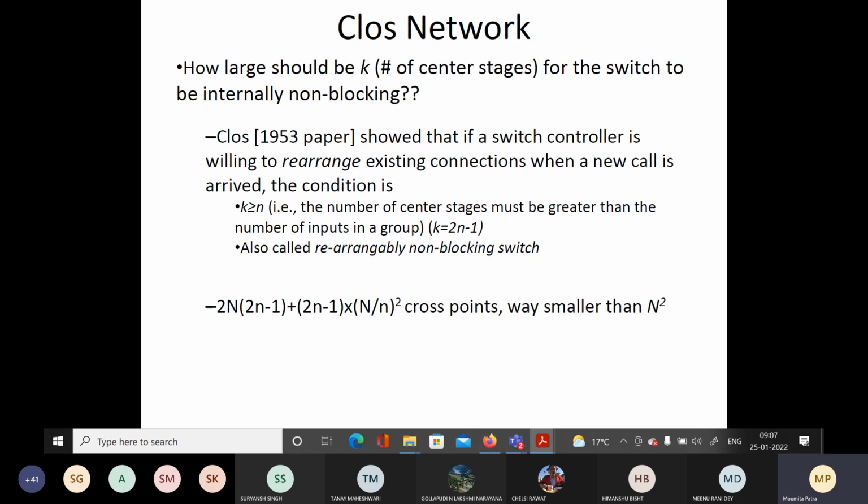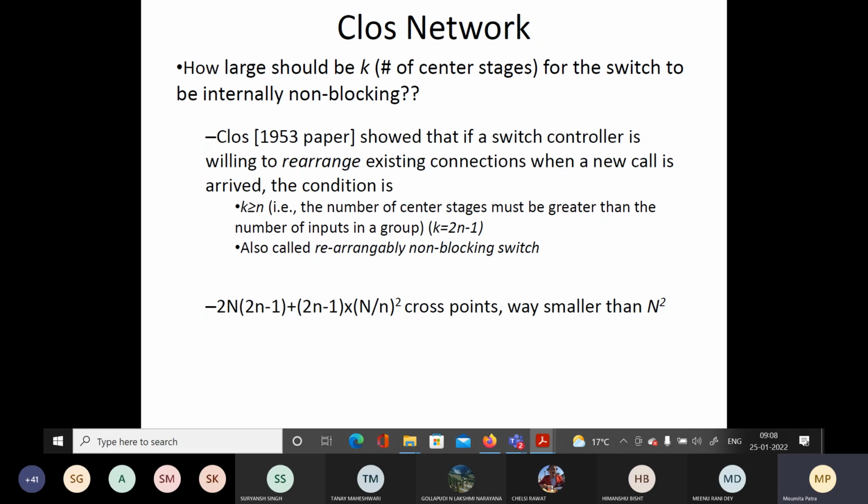Clos showed that if k is greater than or equal to n, n being the group size into which your input is divided, and specifically if k equals 2n minus 1, then your switch will become internally non-blocking, and if you can rearrange the existing connections whenever there is a new call arriving, then your switch will also become essentially non-blocking.